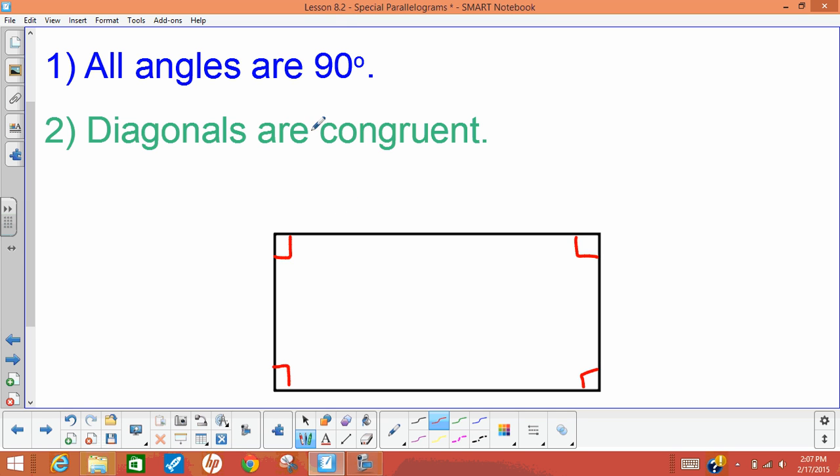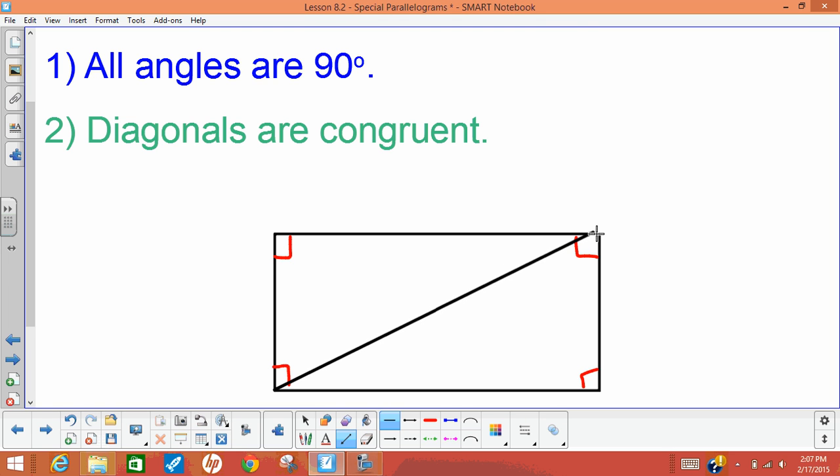Another thing about rectangles is that the two diagonals are congruent. So if you know the length of one diagonal, then you'll know the length of the other. And remember, the diagonals are segments that connect opposite vertices to each other. One right there and one right there.